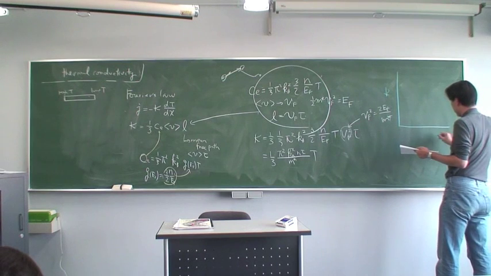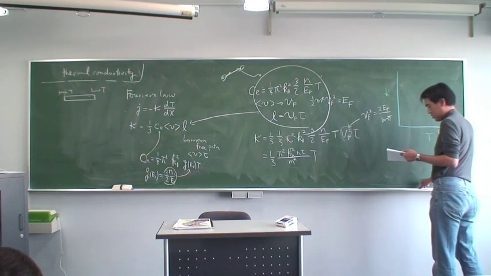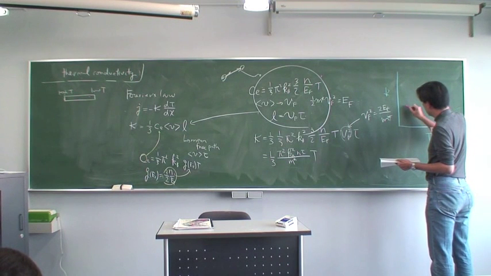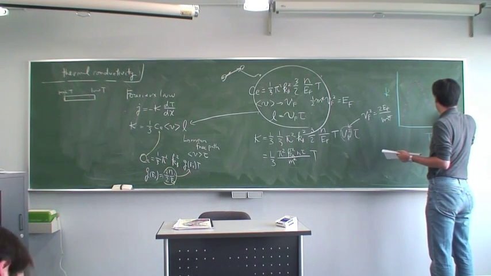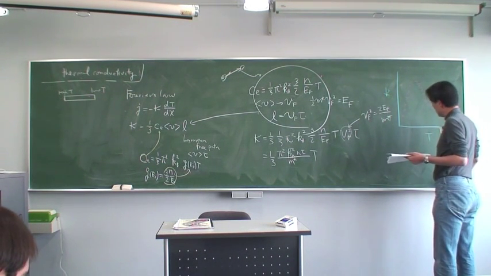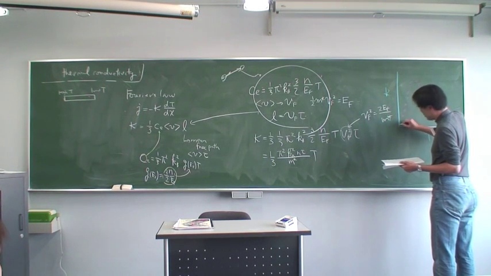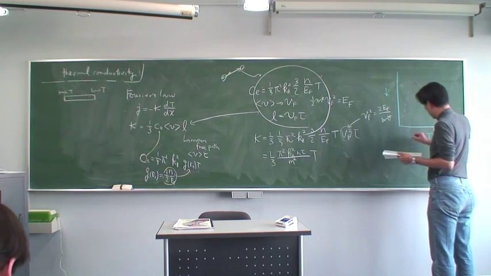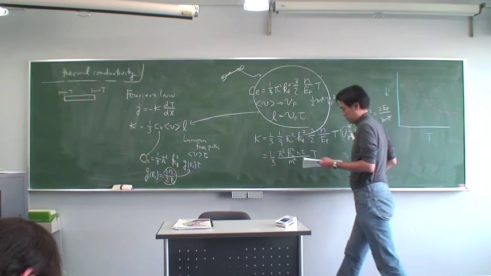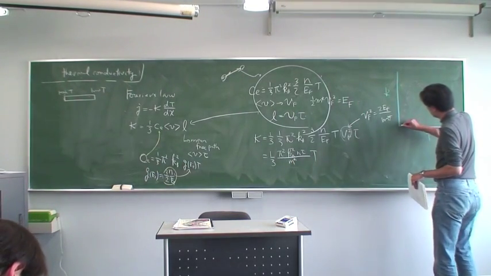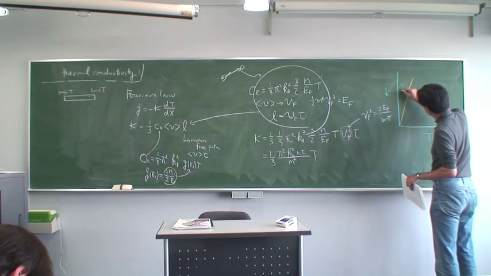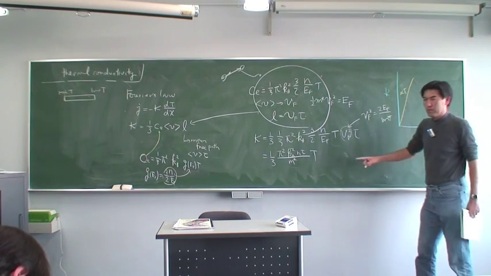If you measure kappa as a function of the temperature, this is what you typically get. At low temperature, kappa is proportional to T, because of this.